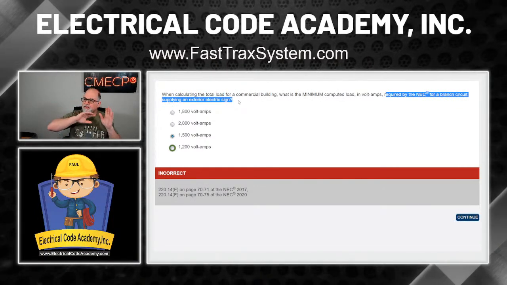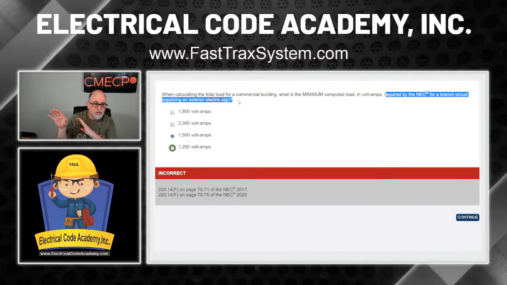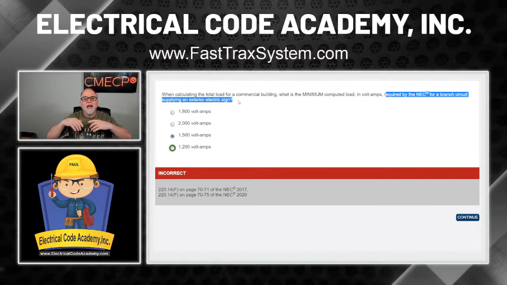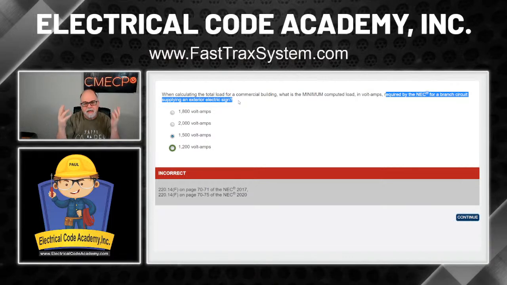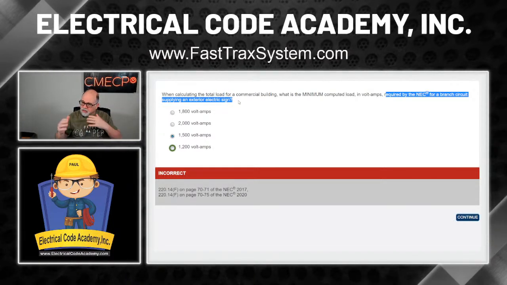Didn't matter, because it wasn't sizing the branch circuit. Obviously the branch circuit is the load to the exterior sign, but we're doing a load calc, an overall load calc. That's why we have to focus on 220.